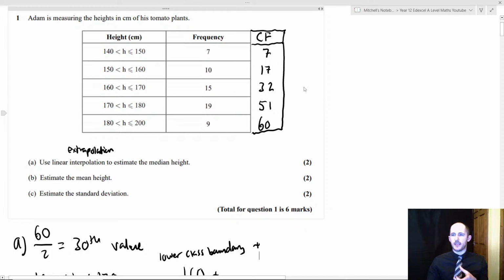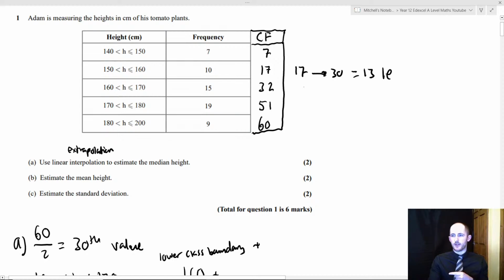So when we go up to here, we get up to 17, right? But we want to get to 30. So we have 13 left over. So basically that tells us we want to go 13 data points into this 160 to 170 class. Okay?